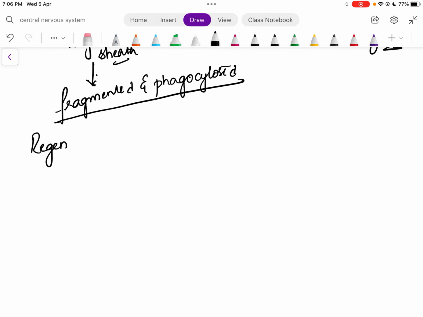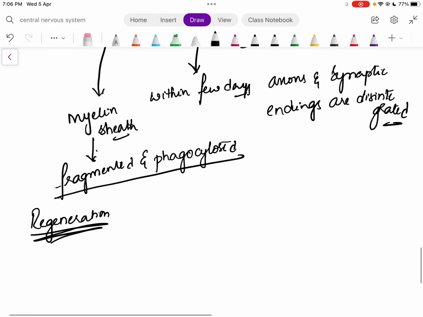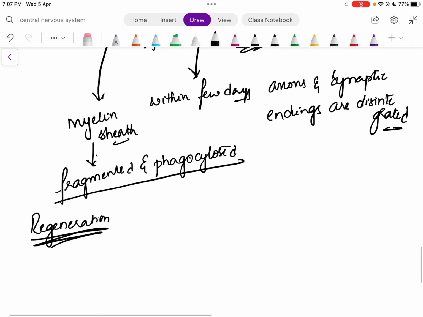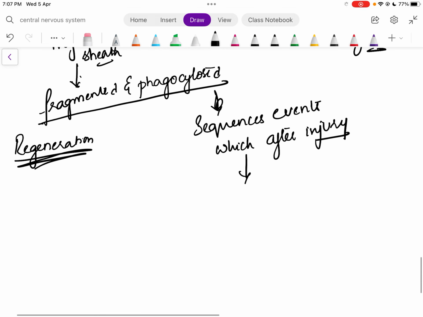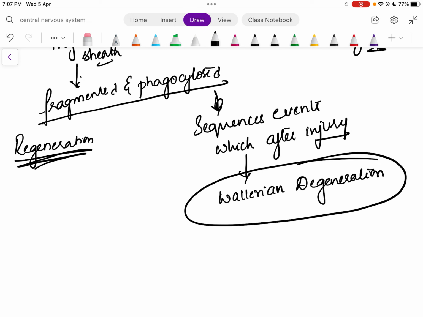So we'll talk about regeneration. Oh, before going into regeneration, this sequence of events which occur after injury is called Wallerian degeneration.